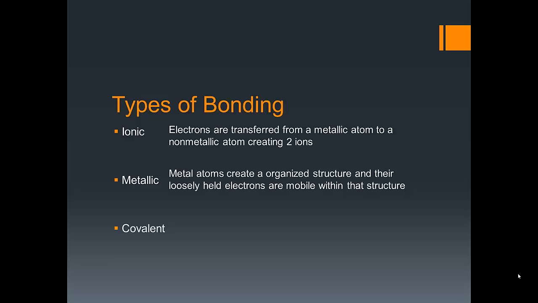So since they are technically losing their electrons, it's actually an organization of cations that is formed, and then the electrons move around throughout that, allowing it to remain neutral. Covalent bonding is when the electrons are shared between 2 nonmetal atoms, creating a physical bond that actually bonds those 2 atoms together, and they're not allowed to separate from each other.